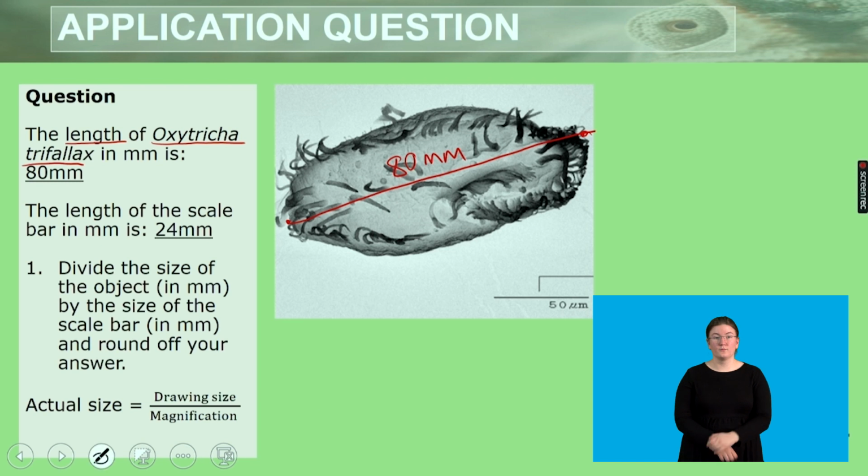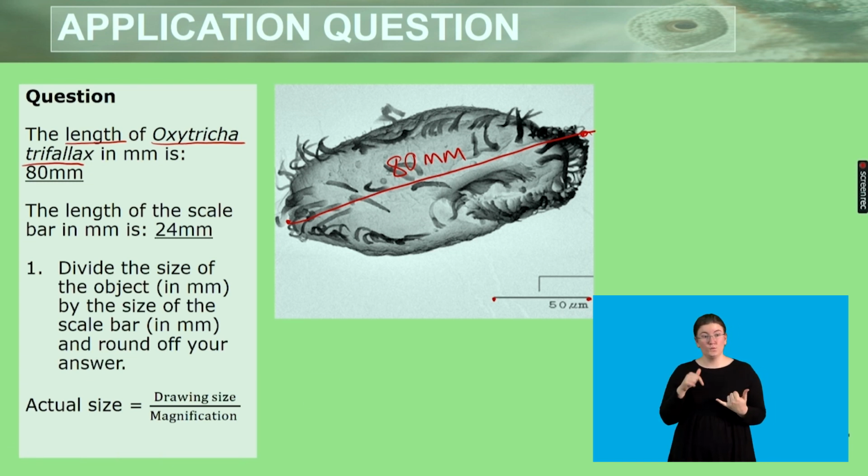Then the length of the scale bar is 24 millimeters. Using a ruler, this length from this point to this point was measured, and that length is 24 millimeters.